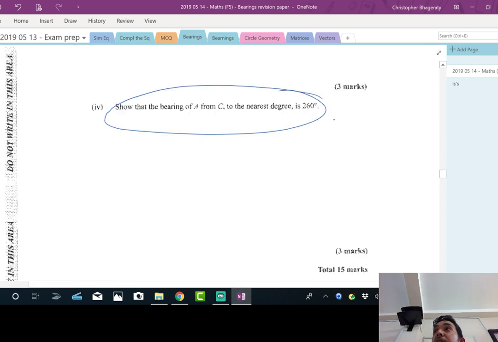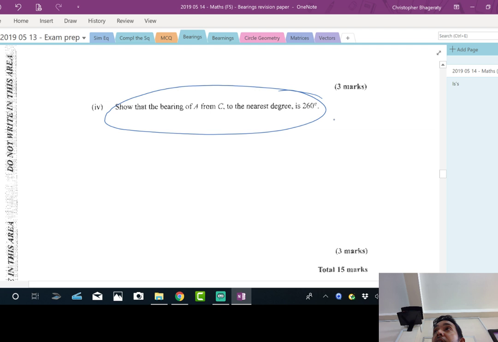So the bearing of what from what? The bearing of A from C.